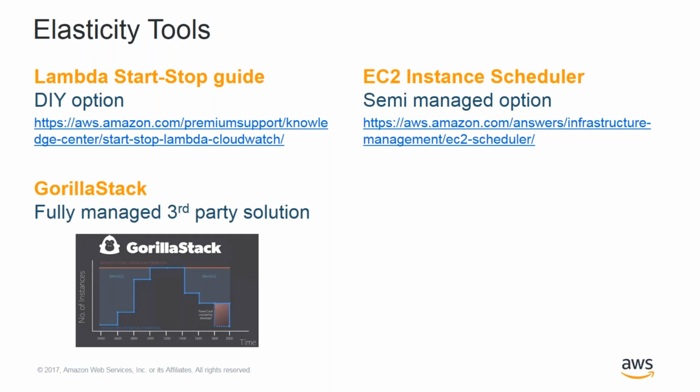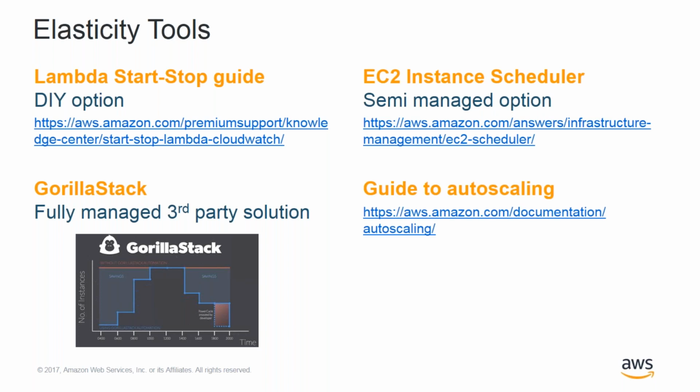We also have third-party managed solutions by companies like GorillaStack. And the additional benefits those companies and third parties provide are things like warnings and integrations with Slack, which is a chat system used by many developer teams, so that you can snooze instant shutdown where developers happen to be working late.